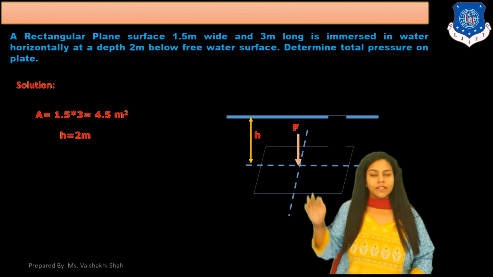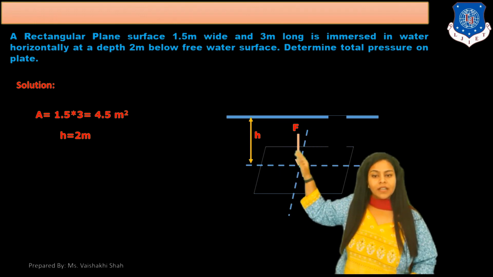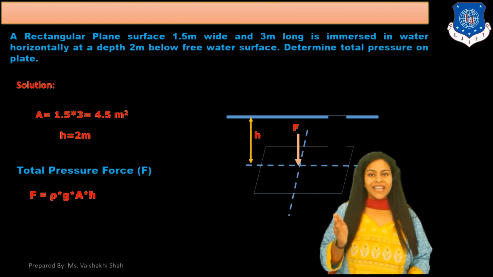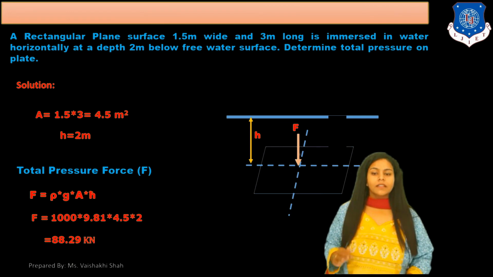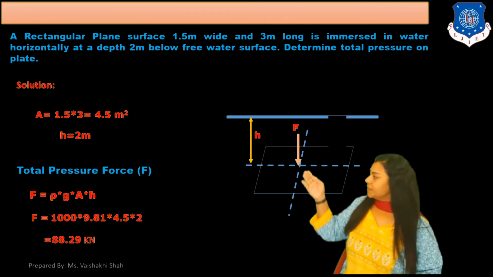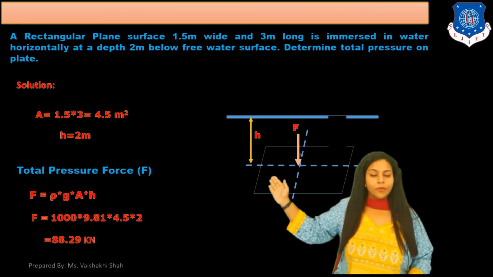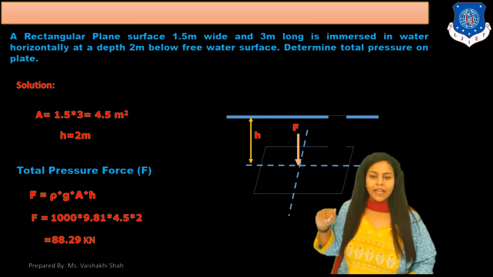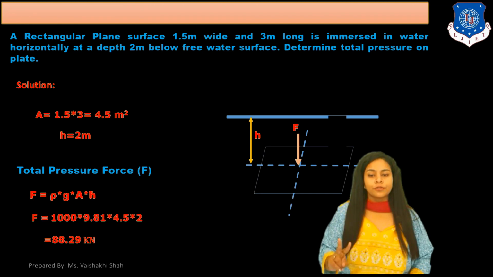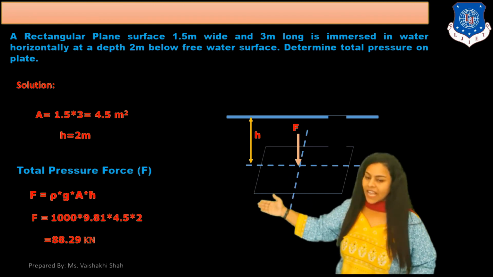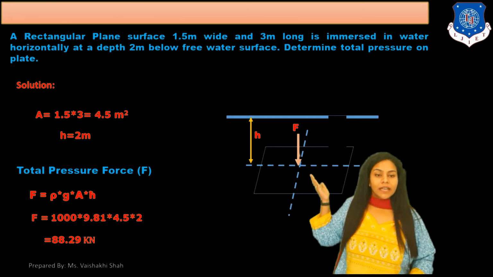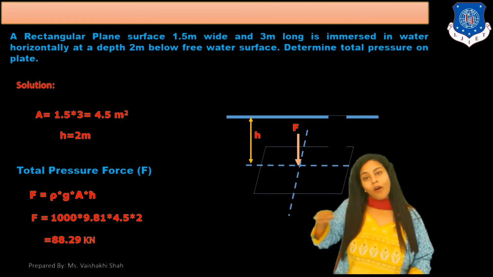H is 2 meter. So total pressure force equals rho g A into h bar. F equals rho which is 1000, g 9.81, area 4.5 and h that is 2. So total pressure force F equals 88.29 kilo Newton. This plate is placed horizontally.